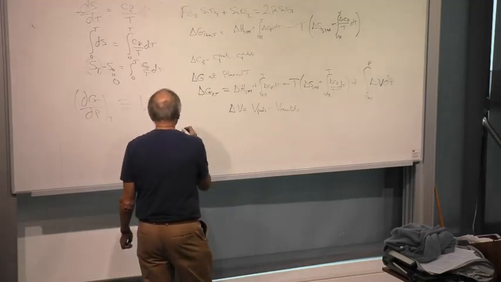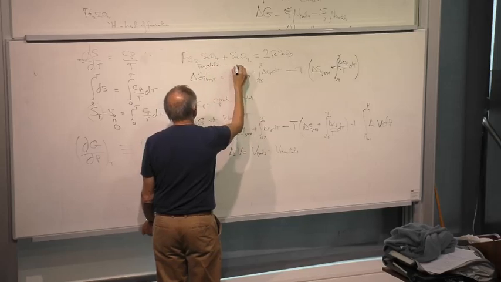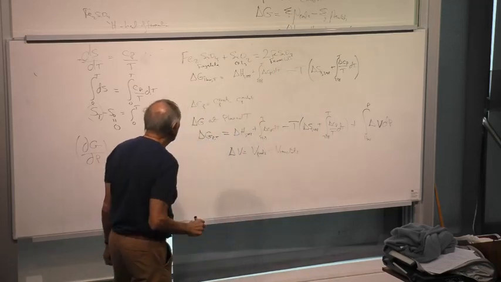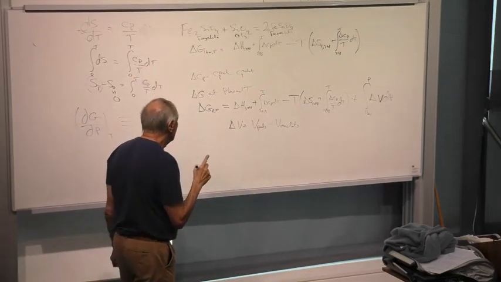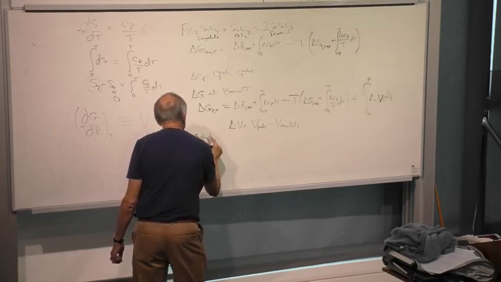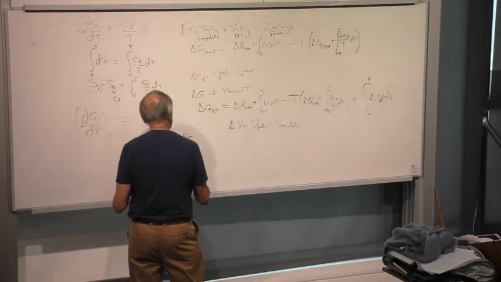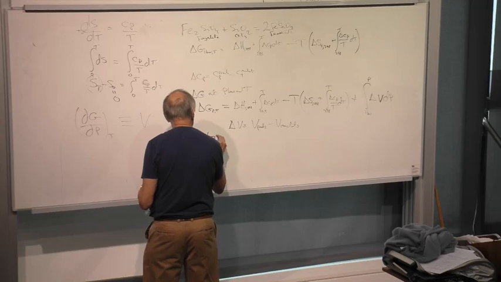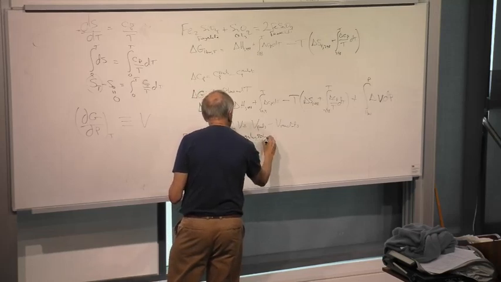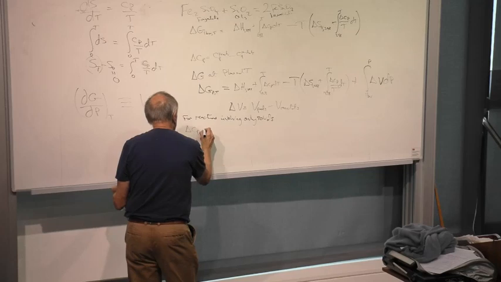For reactions like this one, which is fayalite plus quartz to ferrosilite, for reactions involving only solids, delta Cp is approximately equal to 0.